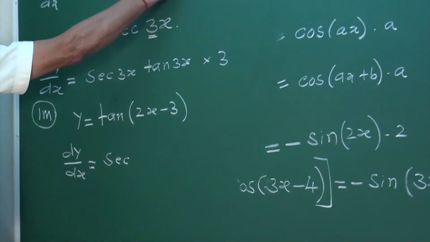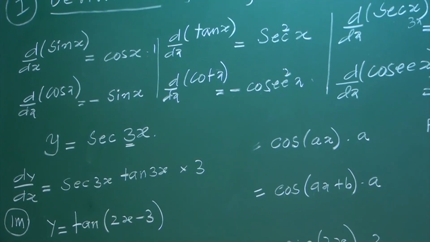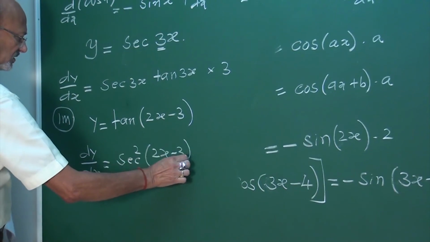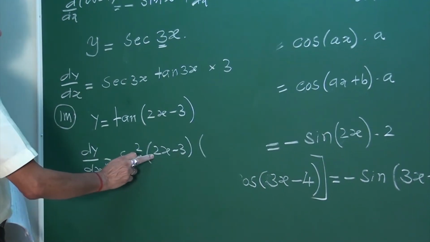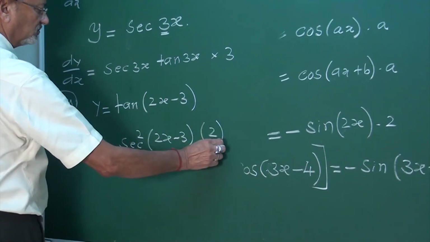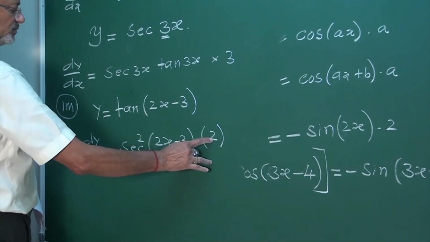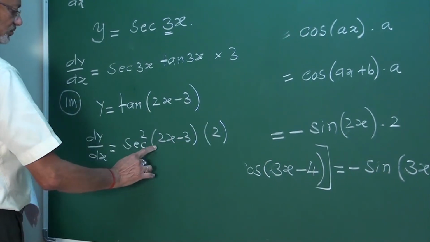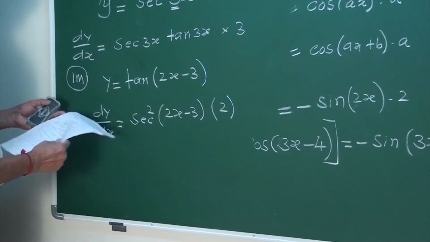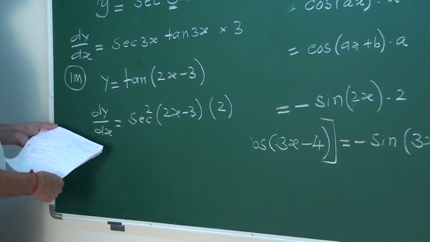See, the derivative of tan is sec square, you have to write. Angle as it is. Next, is it x? No. When it is not x, write its derivative or coefficient. Coefficient of x is 2. Yes, my friends.